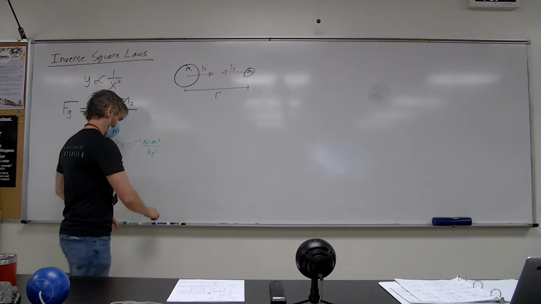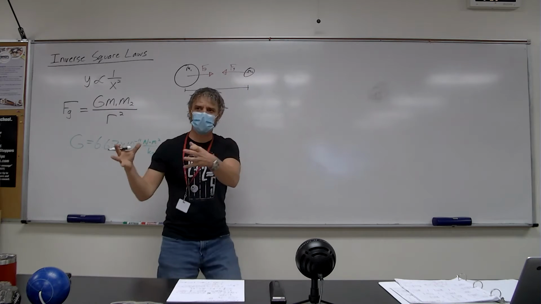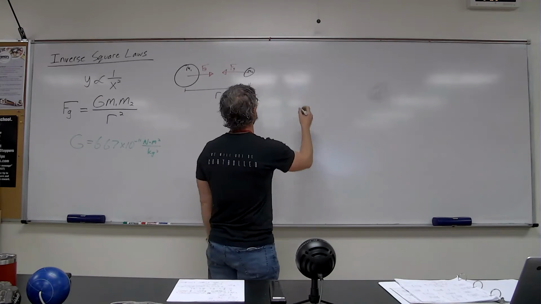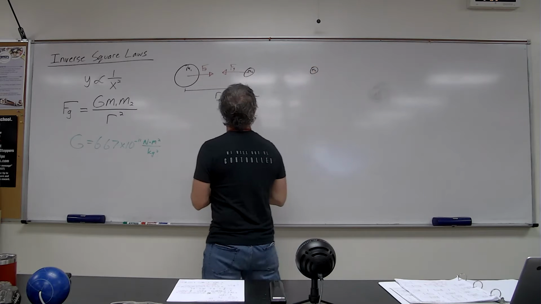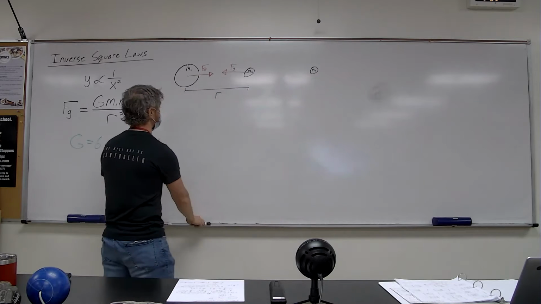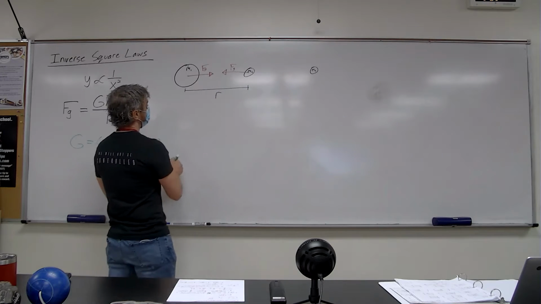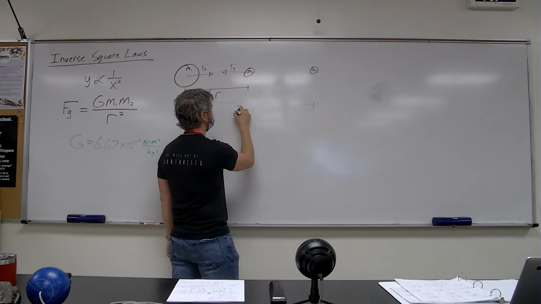What if I took M2, I grab that planet, and I just move it twice the distance? So I move it out to here. The same planet, I just grab it and I double its distance from its star. So now instead of r, I would have a distance 2r.